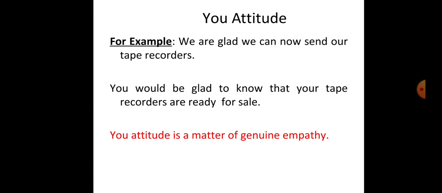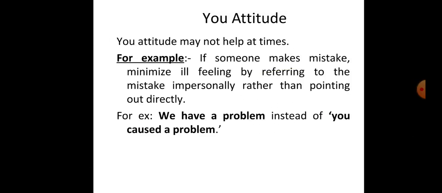You can make different examples using this kind of words instead of using I, me, us, our, ours, or ourselves. Here you have to show some politeness for the reader, and that is expected.